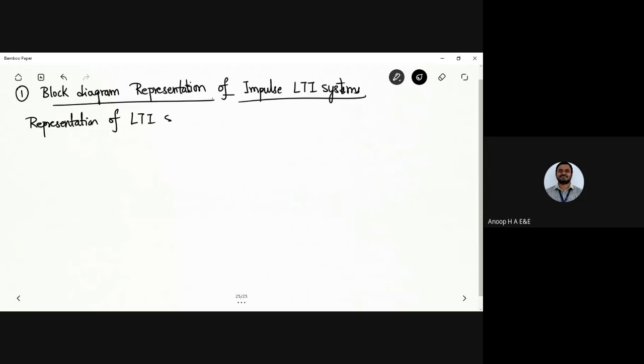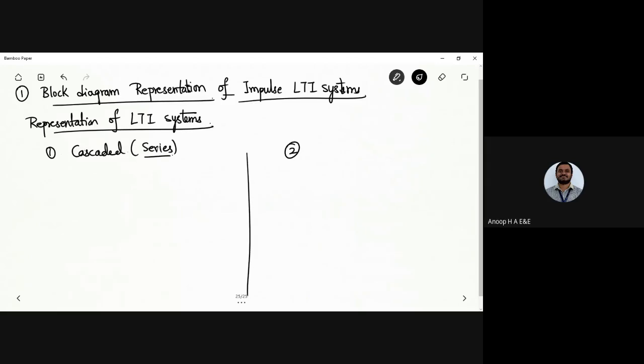Now I have 2 ways in which I can arrange the blocks or subsystems. The first one is the cascaded, and cascaded generally means a series connection.